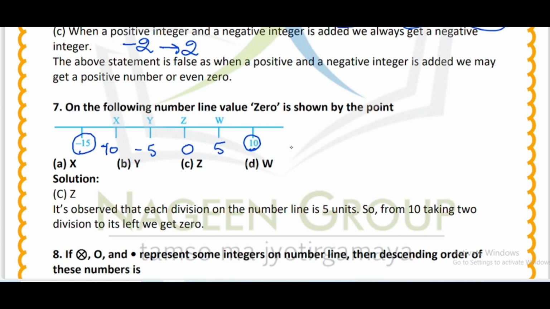Then the unit gap between two consecutive numbers is 5. Then the value of z shown is 0. It means z is the point where the value is 0. Then part C is the right answer.